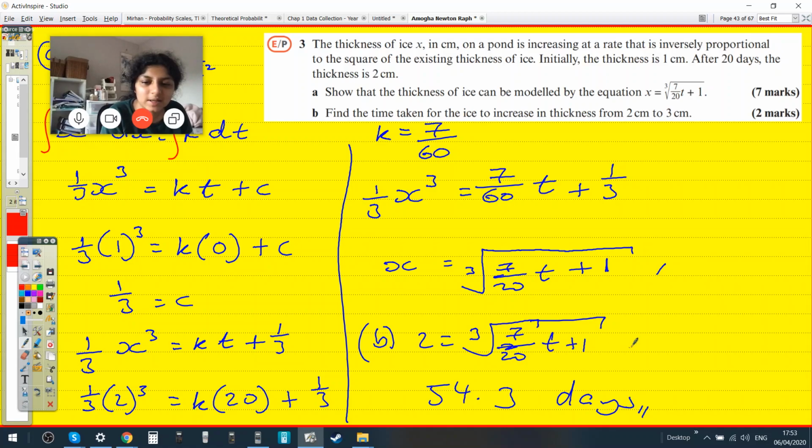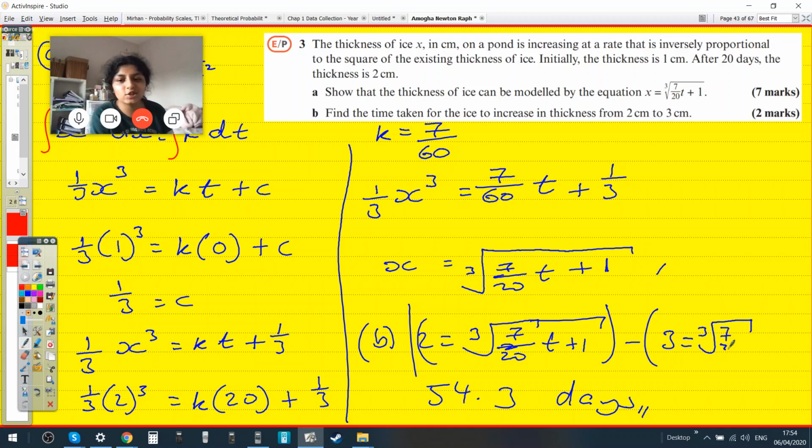T equals, plus 1. And then I take the magnitude of the whole thing. I'm just using crazy notation, don't mind me. So why would you do the 2 one minus the 3 one? Because you already know the 3 one's going to be bigger. That's why I did magnitude.